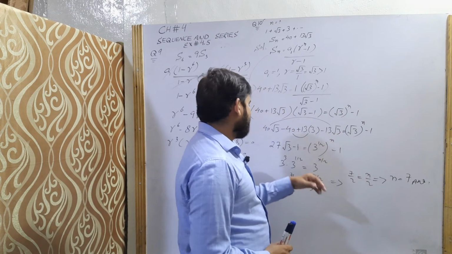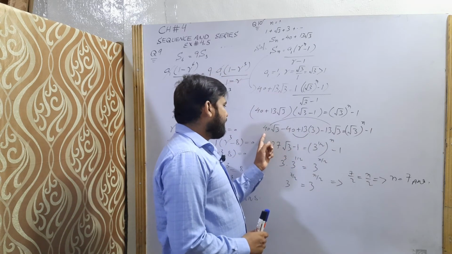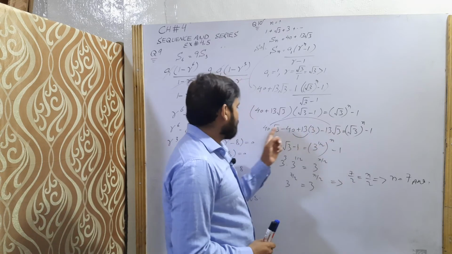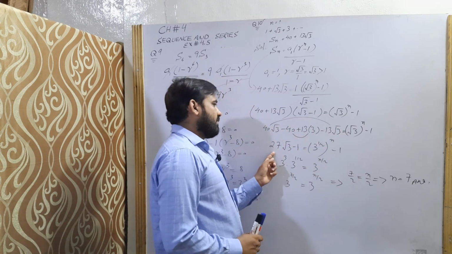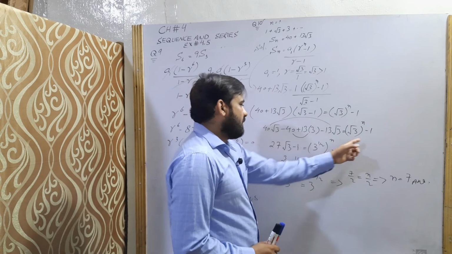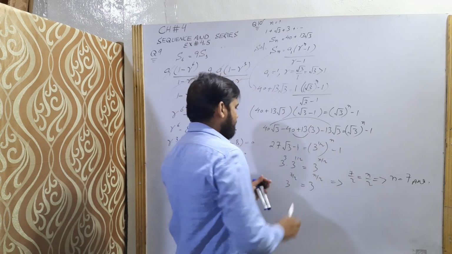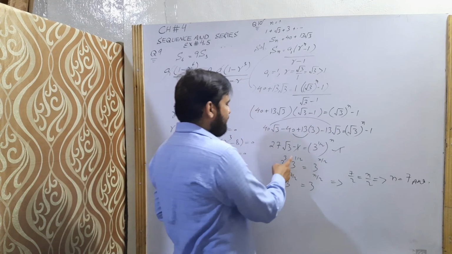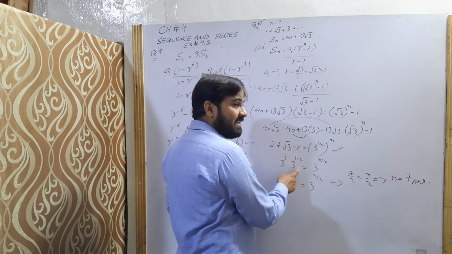So after simplification, 40 under root 3 minus 13 times under root 3, so 40 minus 13 is 27, and there is minus 40 plus 39, this is minus 1, which cancels with minus 1. 27 can be written as 3 raised to power 3, and under root 3 can be written as 3 raised to power 1 by 2.